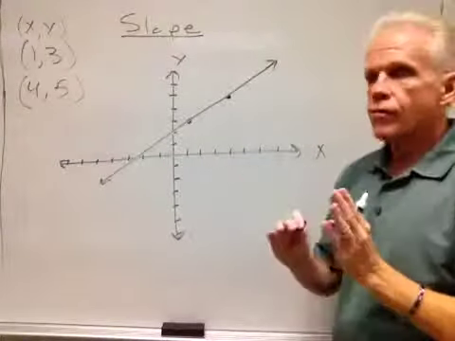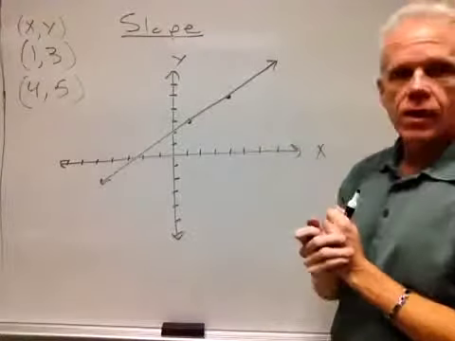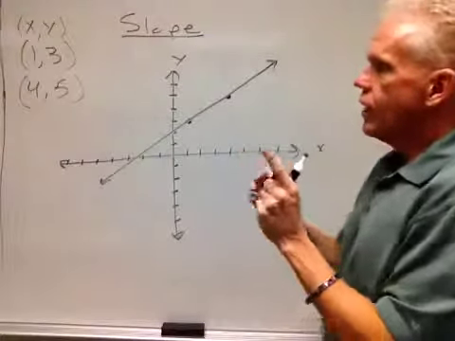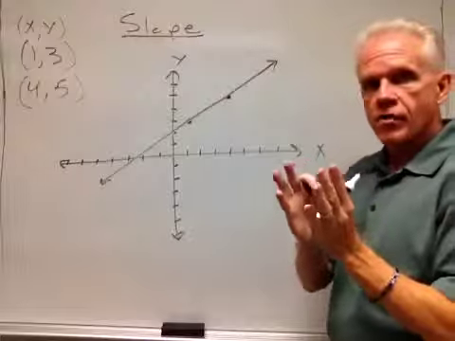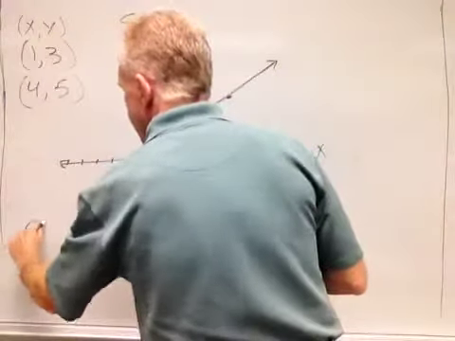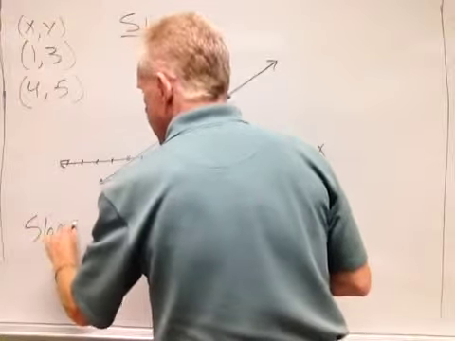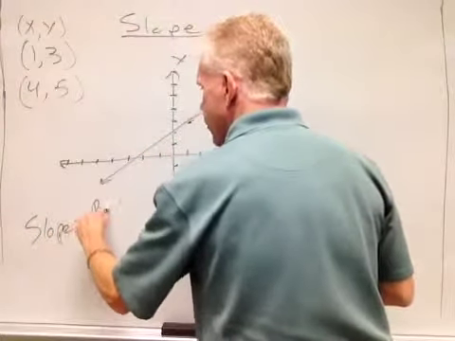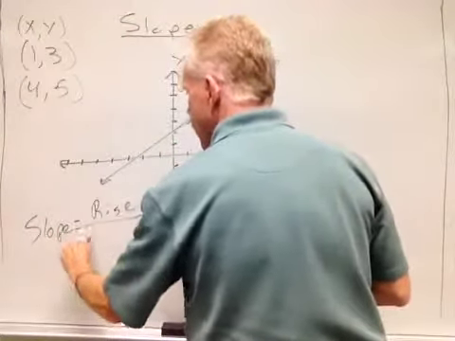I just want to talk to you for a second about the specific slope that this is. Now, a way that we talk about slopes very specifically is when we say the slope of a line is the line's rise over its run.